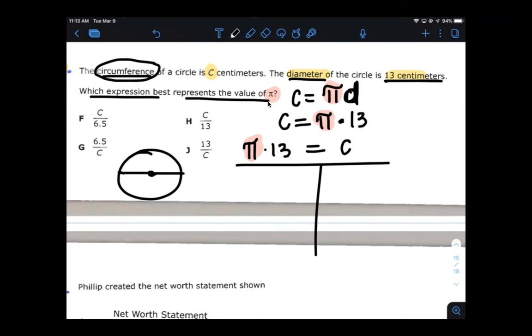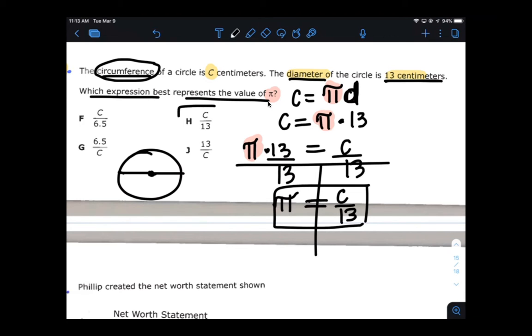So I see the 13 is multiplying, and I think, what is the inverse operation of multiplying? Well, dividing, right? So we divide by 13 here, and we divide by 13 here. So we end up with pi equals c divided by 13. So I need to look for that expression, circumference divided by 13. And we see that one is letter H.